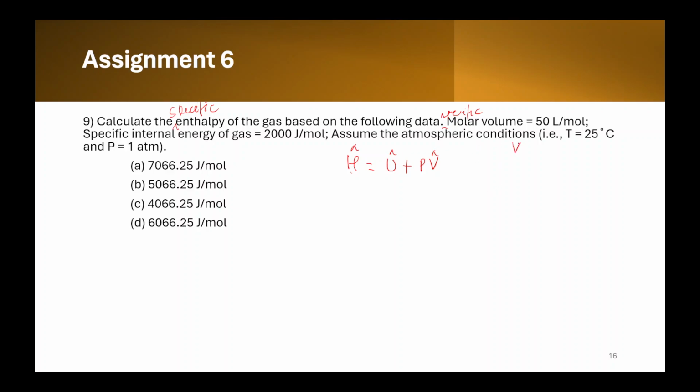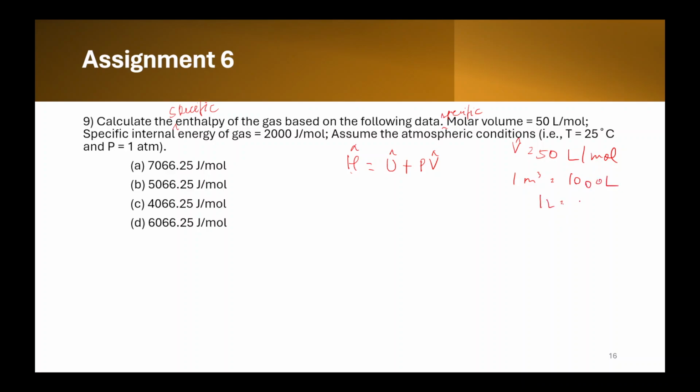So V cap is 50 liter per mole. So this is not in SI units. So 1 meter cube is equal to 1000 liters.